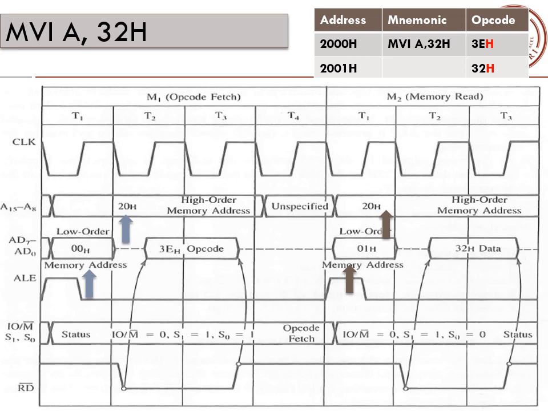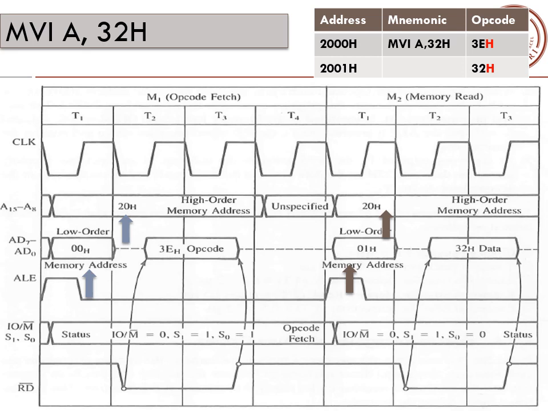After that the ALE signal goes low. Now the bus AD7 to AD0 can be used as the data bus. From the location 2000H you fetch the value 3EH, an opcode, so that value will be present in D7 to D0. The read operation happens, and then you stop the read operation. You have fetched the opcode.